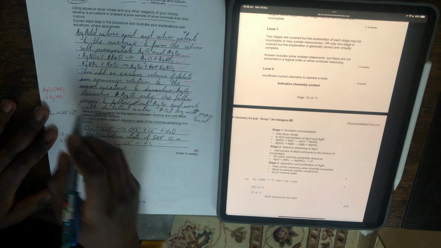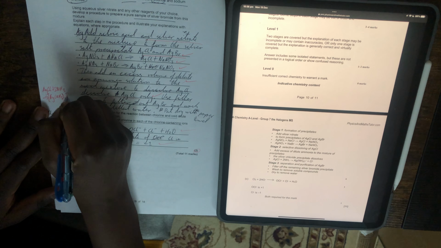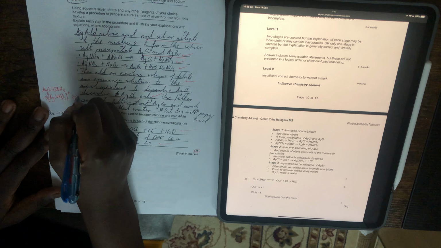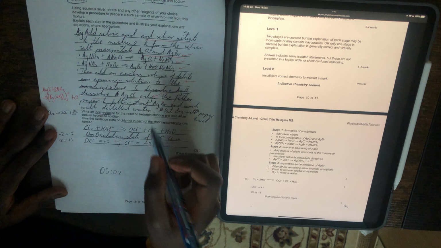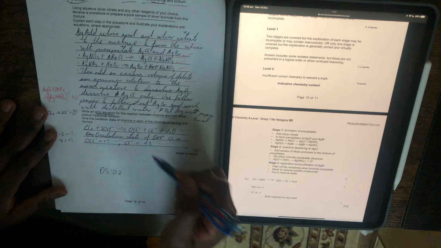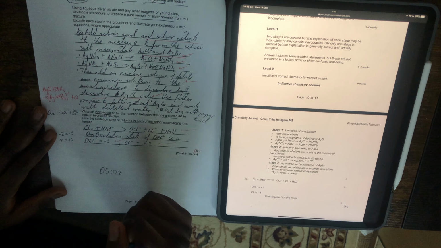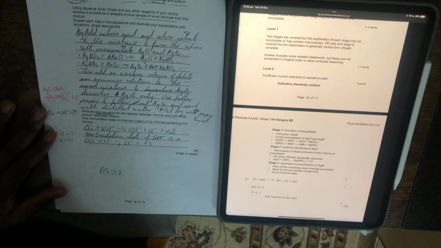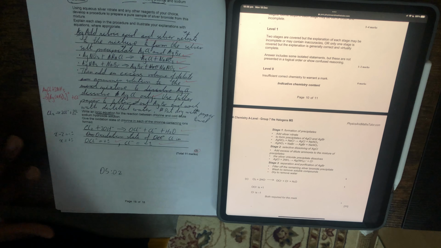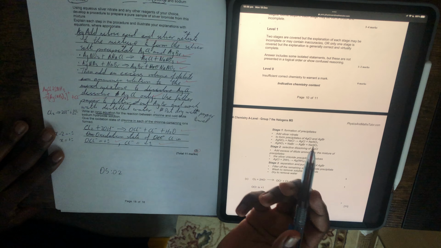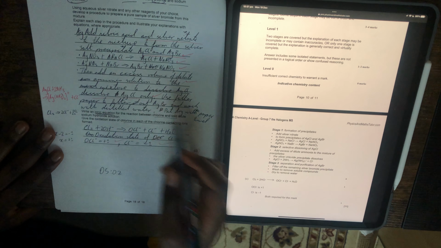I'm rushing through, because I know myself, and I know that I should write an equation for that, because it does say write the equations for each step. But because I rushed through and I just saw the end of this paper, and I thought nearly done, I missed out on opportunities like that. So make sure to go through a paper at the end. In the other videos where I go through a paper at the end, I usually gain more marks. But this time I didn't, and this is what can happen if you don't go through a paper, especially if you have time, and especially if you're someone that likes to rush through.